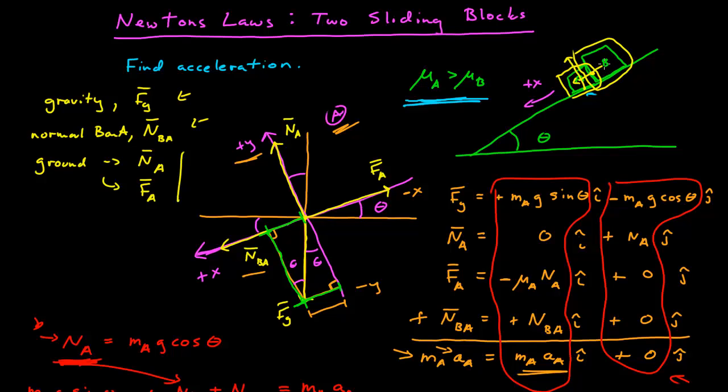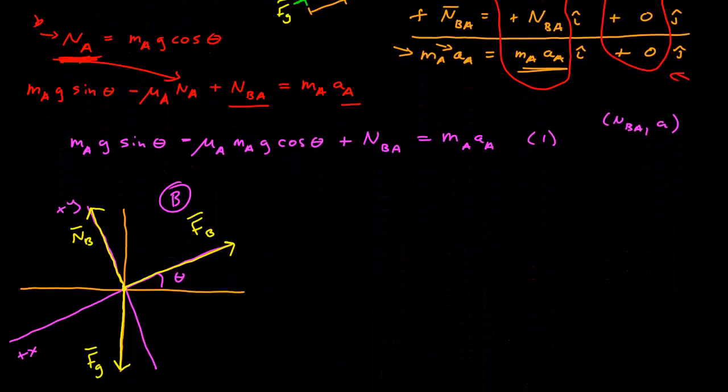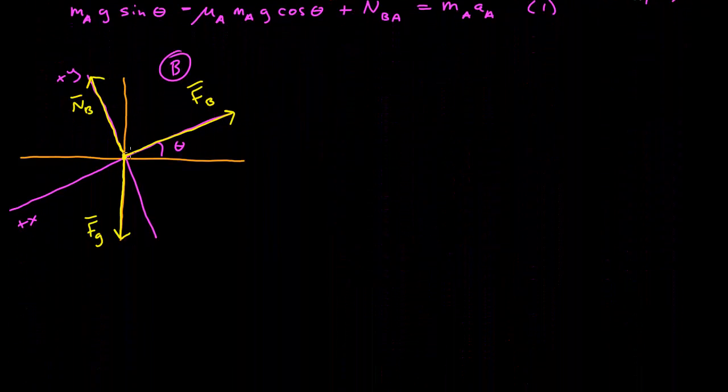So if A is the agent and B is the object, the normal force points perpendicular to the surface from the agent to the object. So it goes in the negative x direction. Okay, so that is my free body diagram, and now I can break it up into components.